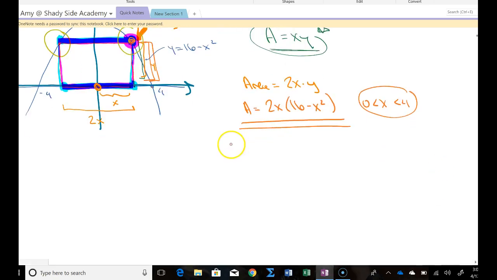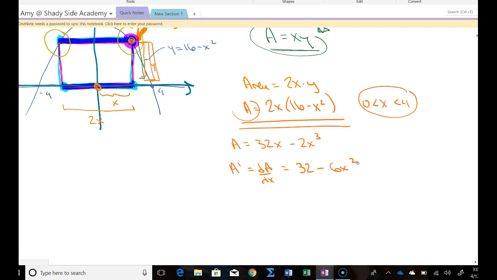So now I'm going to say A equals 32x minus 2x cubed, right? I'm trying to maximize area. At the very least, I have to work with A prime, or dA/dx, which equals 32 minus 6x squared. No points of non-differentiability.